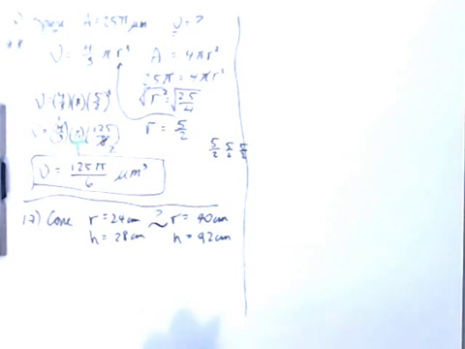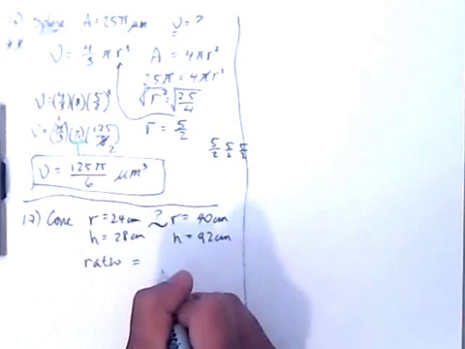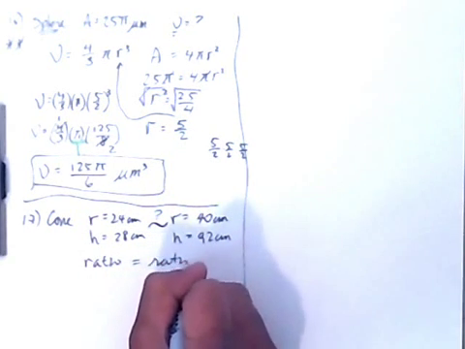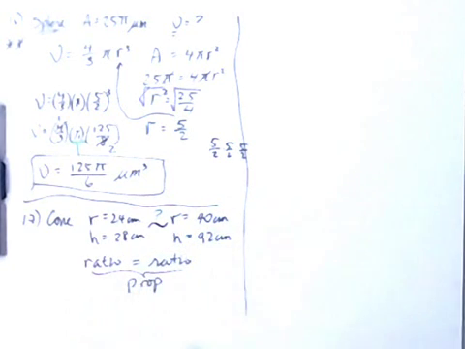If they are similar, then the ratio of the sides are always in proportion. Again, let me say that. The ratio of the sides equals the ratio of the sides. And that's called a proportion. A ratio equal to a ratio is called a proportion. So, I'm going to see if these two are in proportion.